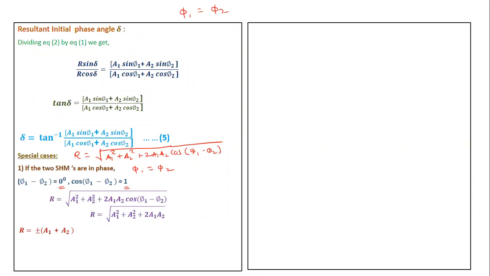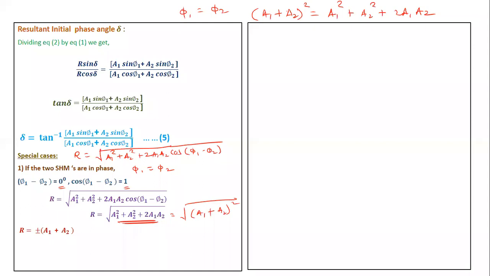So here let me write one more step. So you know that a1 plus a2 bracket square expansion is a1 square plus a2 square plus twice a1 a2, and you can see here the same.